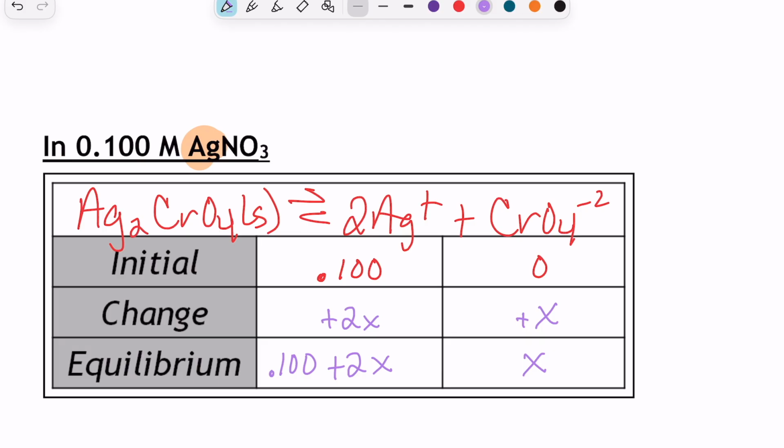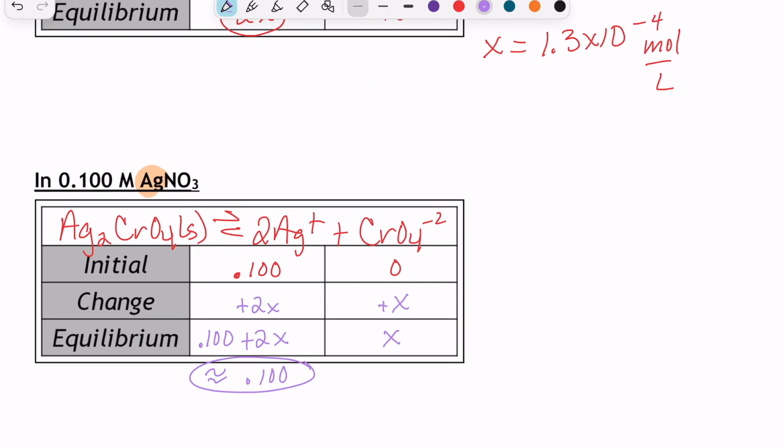Now, the amount that it dissociates is very, very small, so we can say this is approximately equal to 0.100. So now when we plug this into our Ksp expression from before, we've got 0.1 squared times x.